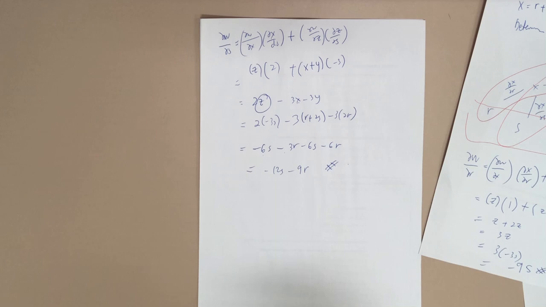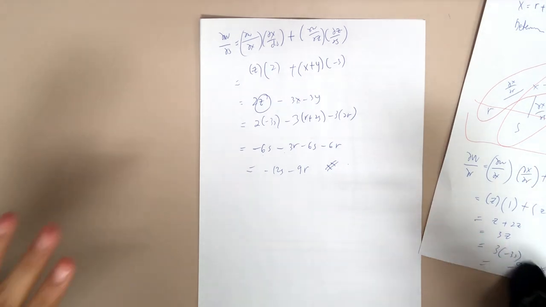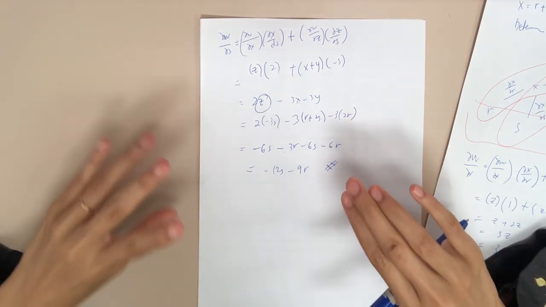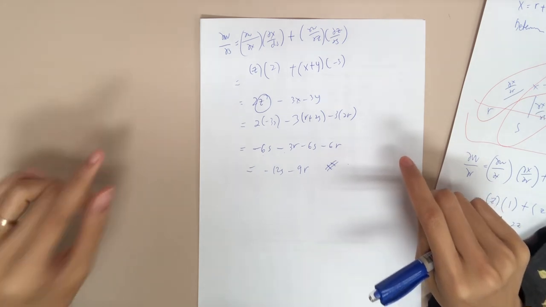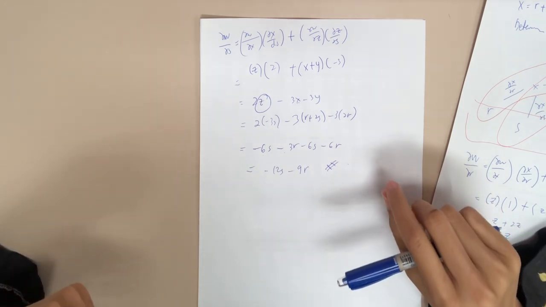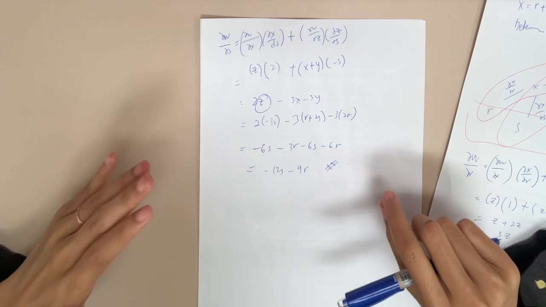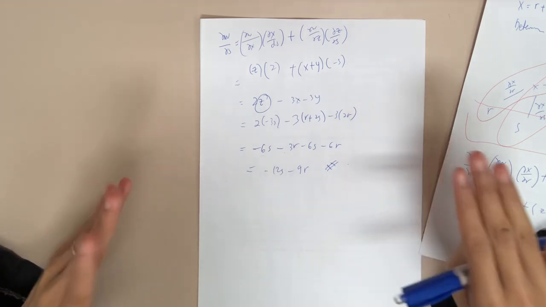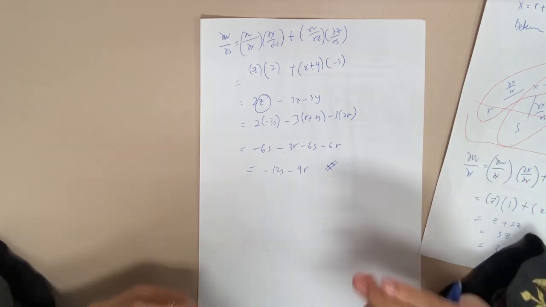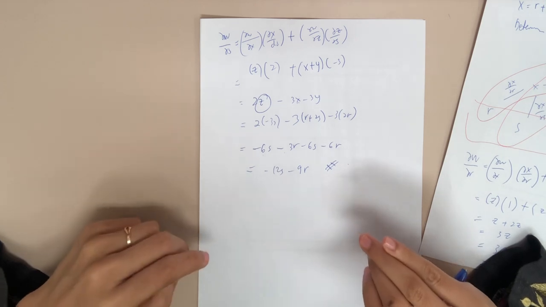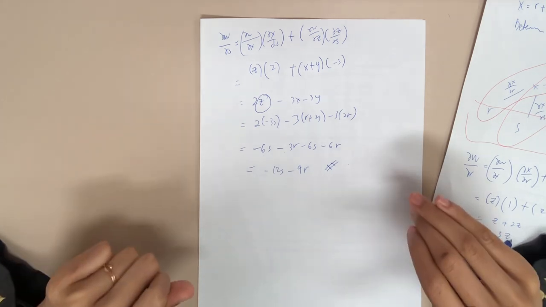Okay, alright. So this is all about the chain rule. It's simple. But make sure you draw a correct tree diagram, because if you draw the wrong tree diagram, it means your lines are wrong, so you will differentiate the wrong terms. So make sure you are careful.